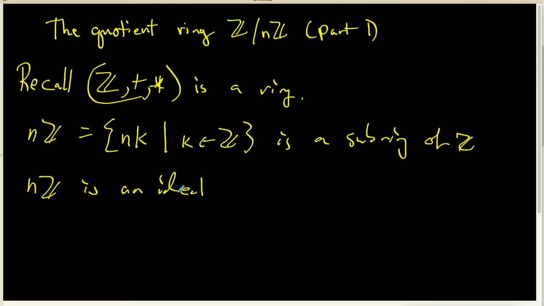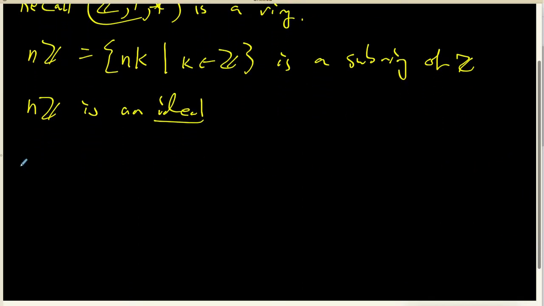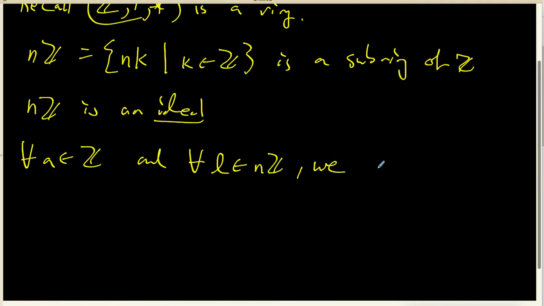And I do want to talk a little bit about what that means, so let's just review it for a bit. What we've got is that for all elements a of the set Z, and for every element l inside nZ, we can show that a times l, which is just al because the integers are a commutative ring, belongs to the subring.